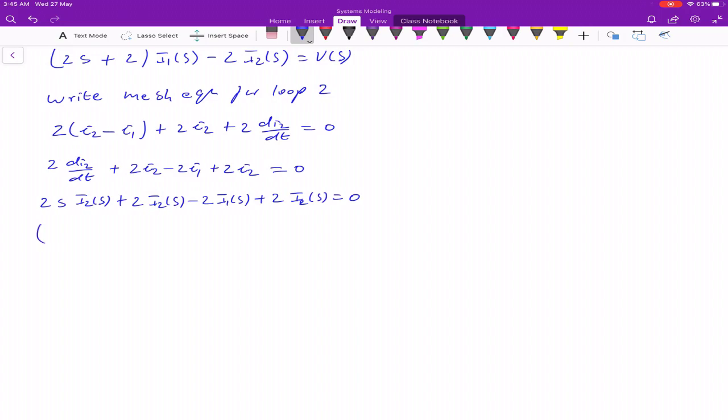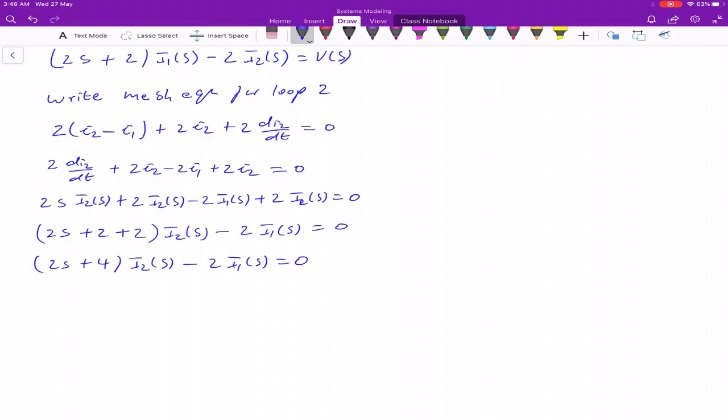So we are going to have 2s plus 2 plus 2 times I2 of s minus 2 I1 of s is equal to 0. Just to clean this one up, we have 2s plus 4 times I2 of s minus 2 I1 of s equal to 0.